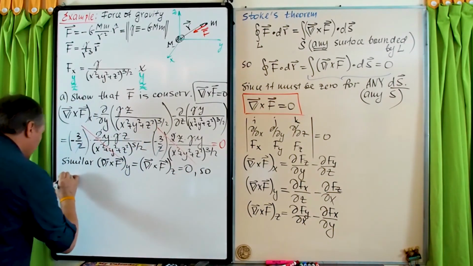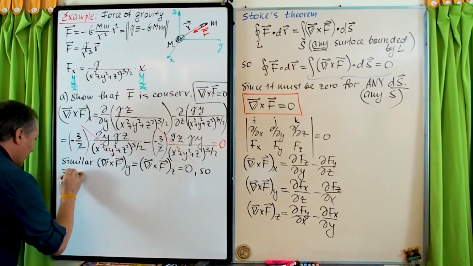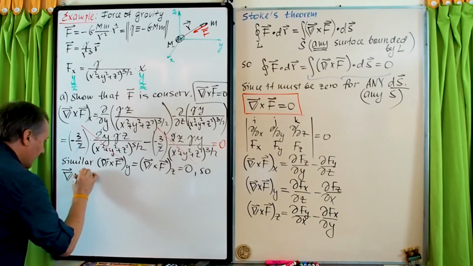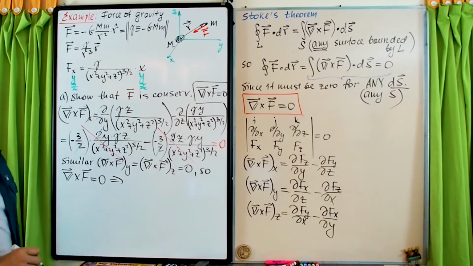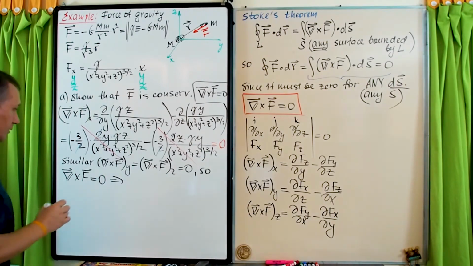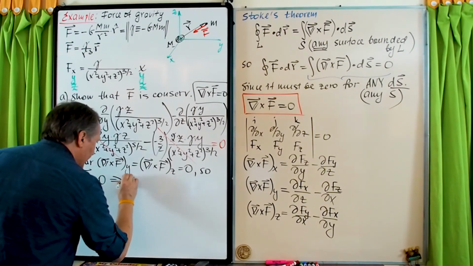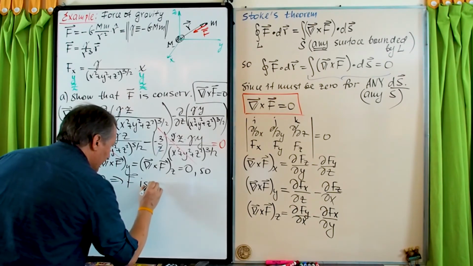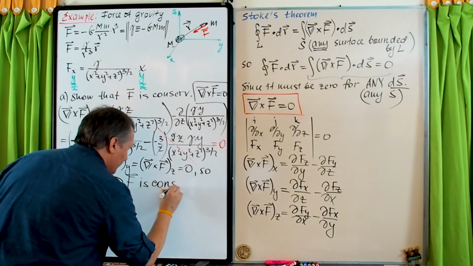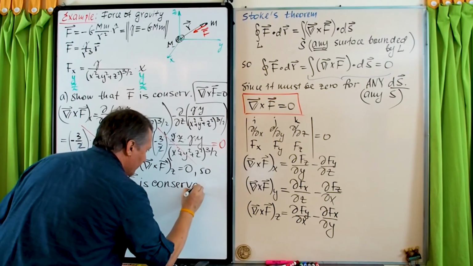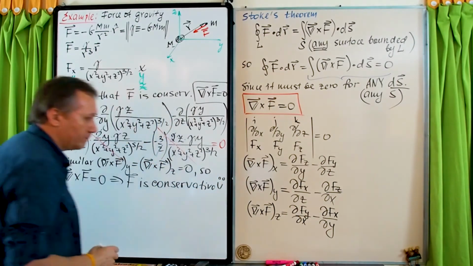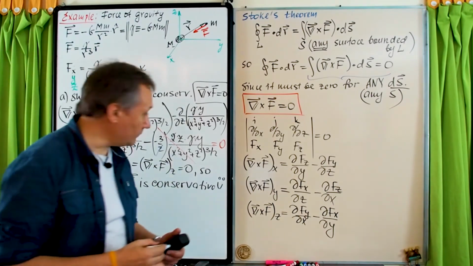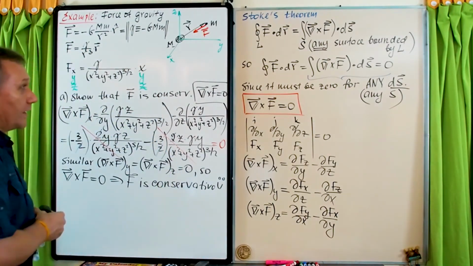So we conclude that curl of f equals to 0, and of course, conclusion, f is indeed conservative. F is conservative. So part A, now part B.